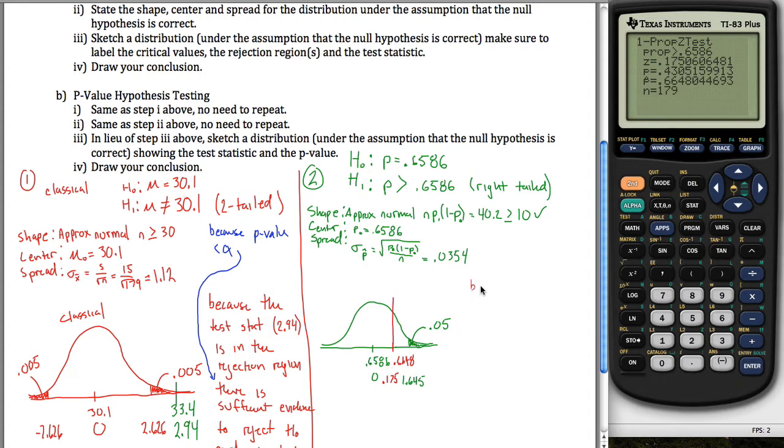So maybe I'll write: because my test statistic is not in the rejection region, and my test statistic in this case was 0.175.